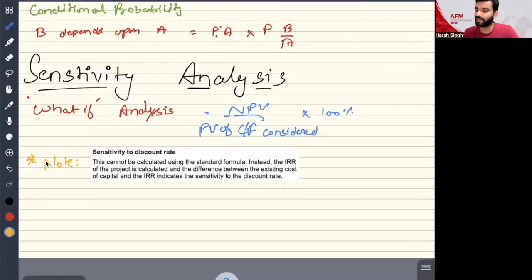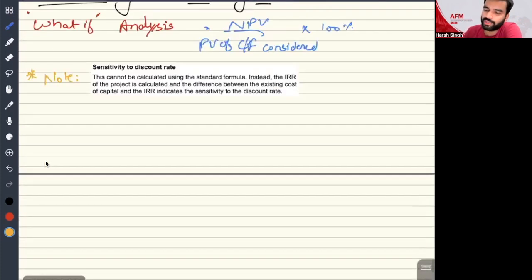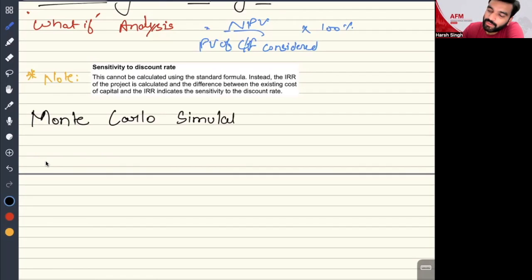Now, after that, we have one more topic called Monte Carlo simulation, always tested in theory, everyone. Okay, never tested in the exam for numerical purposes. So just remember that in the sensitivity or probability analysis we are doing, we are not able to change more than one variable.